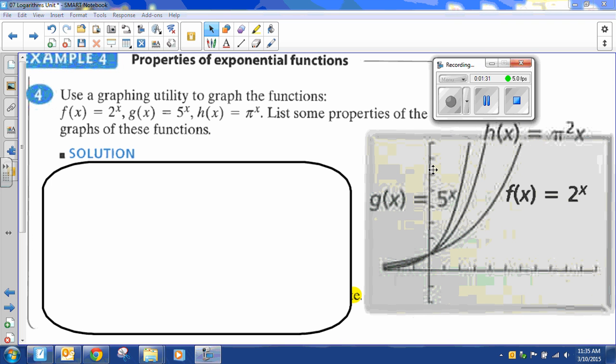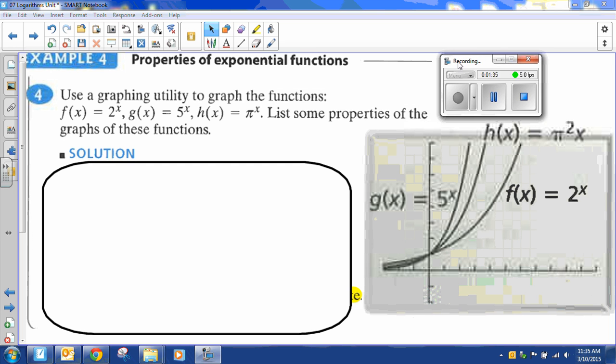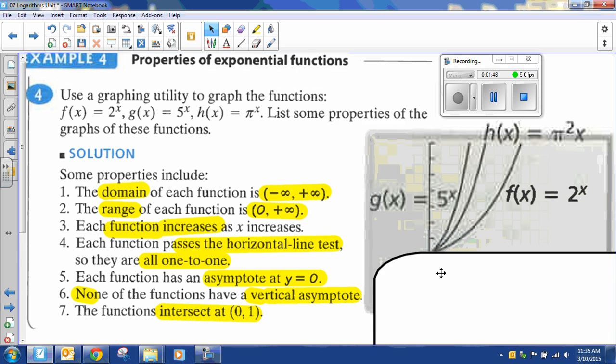Okay, so there are specific qualities of exponential functions that they all share. So let's take these three different functions: 2 to the x power, 5 to the x power, and pi to the x power. As you can see, they're all graphed, and there are properties.